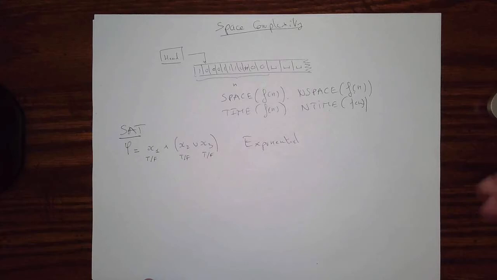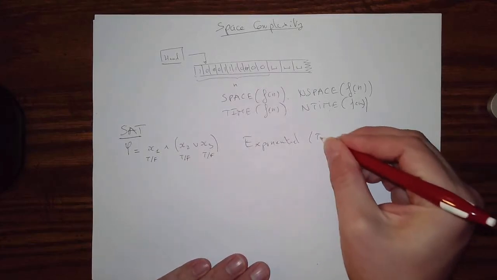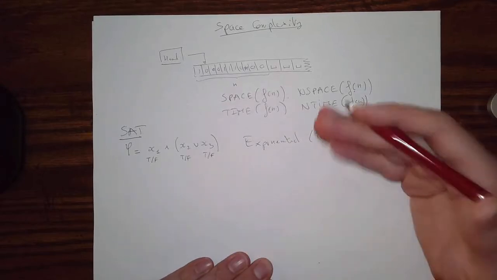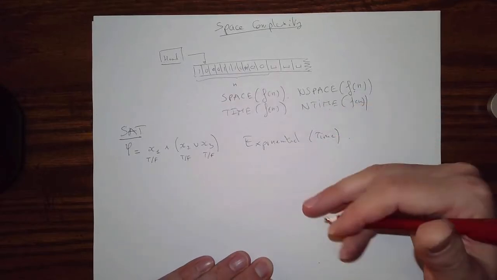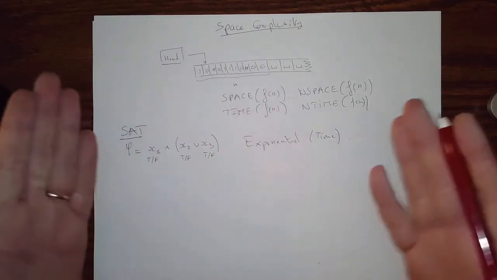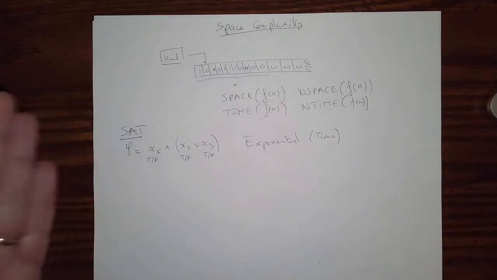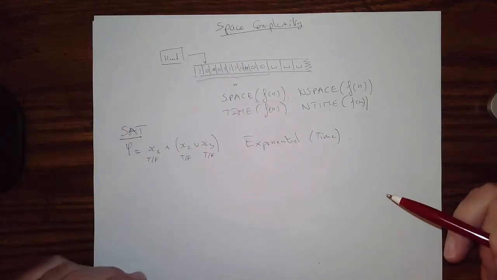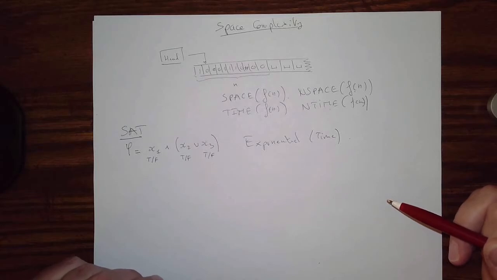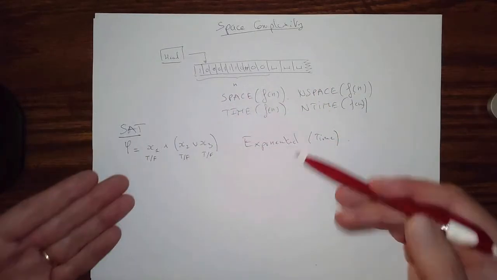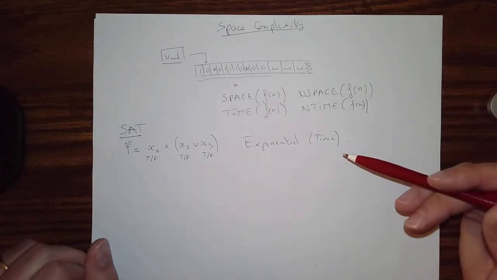Now that's about time complexity. Now we're interested in space complexity. What is the space complexity of SAT? That means, if you find a Turing machine, what is the smallest amount of space it will require to be properly executed and find a solution?